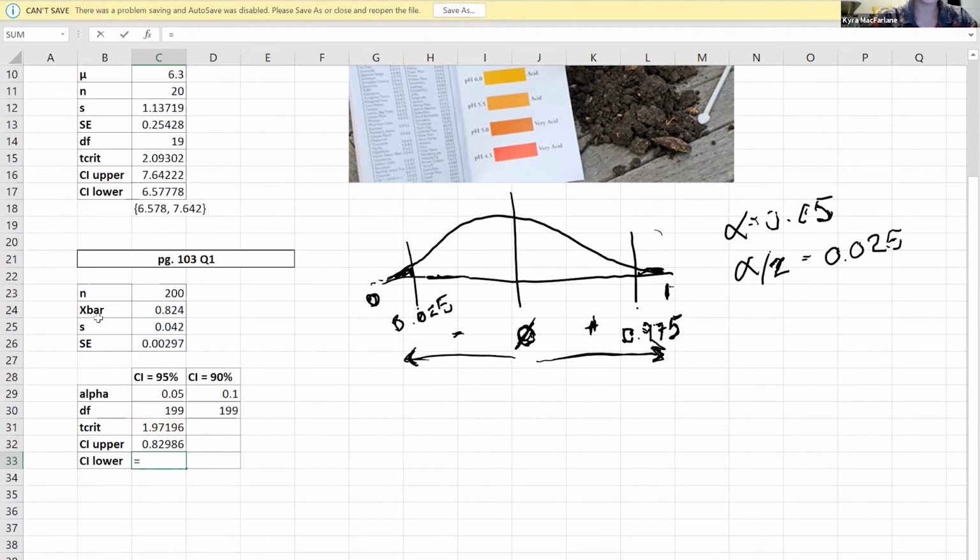Our lower one would be the mean minus our critical value times our standard error. Writing that out in the other way, it would be 0.818, comma 0.82830.